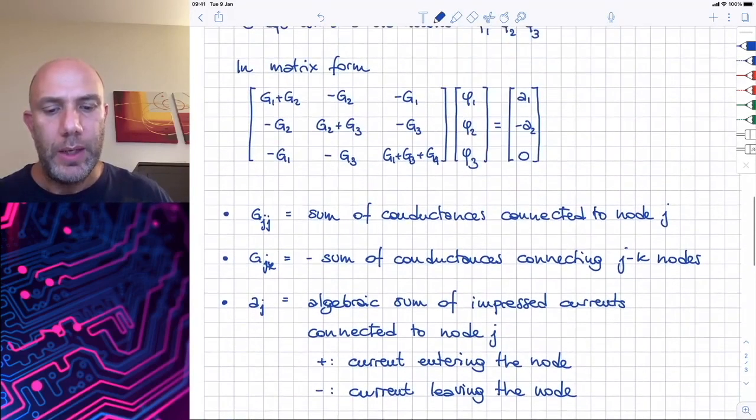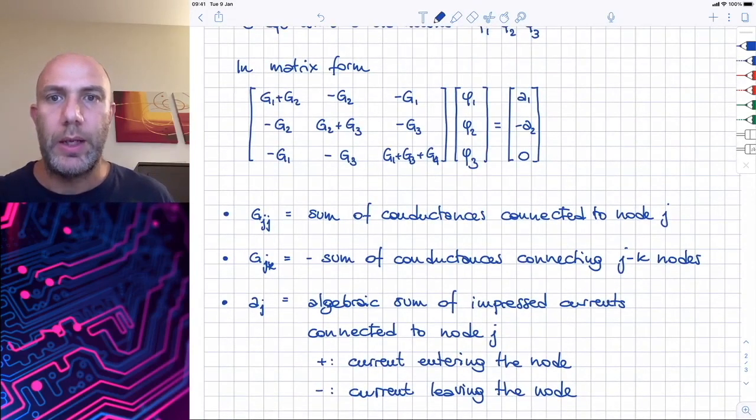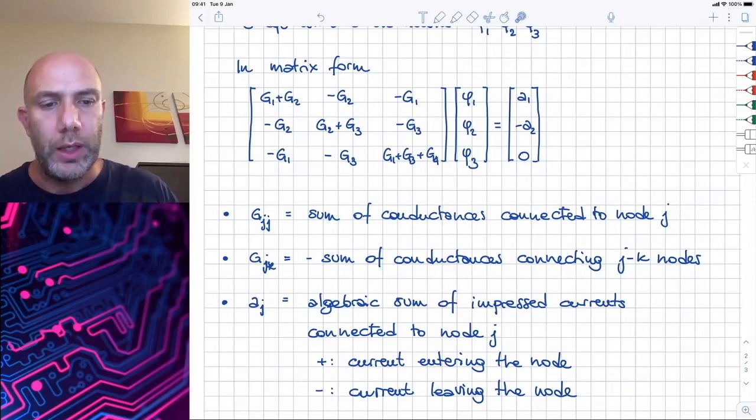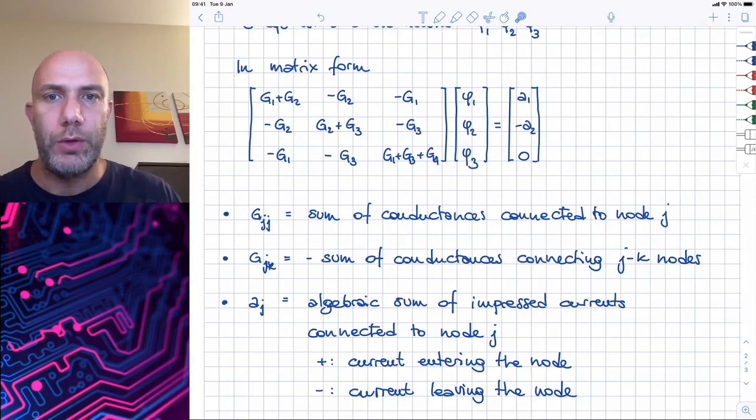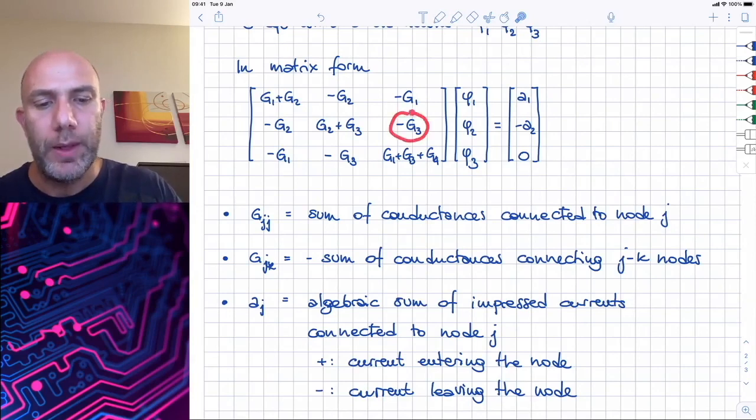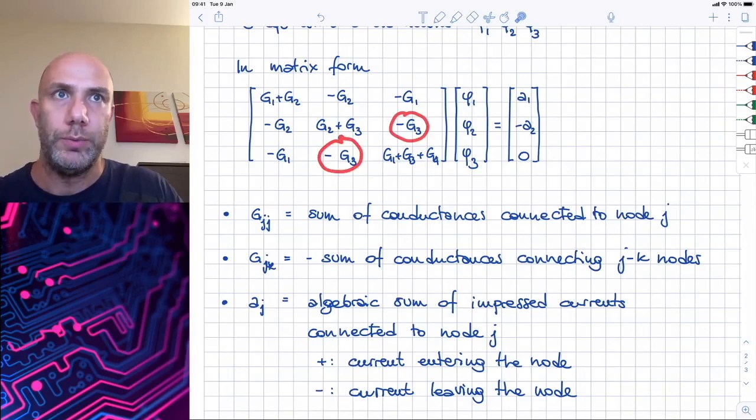In fact, because we have in the position JK the sum of the conductances that connect nodes J and K, we also have the same term in position KJ. So, for example, if we compare the value that we have in position 2, 3, we get exactly the same value that we have in position 3, 2.